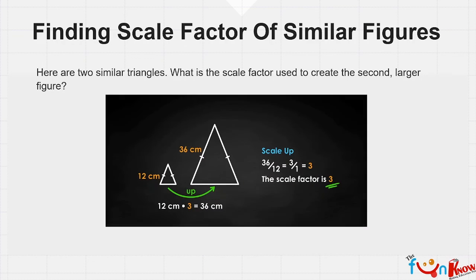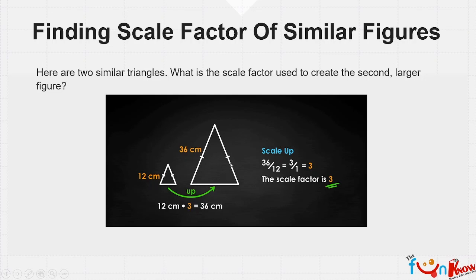Next, find the scale factor of similar figures. Students, here there are similar figures and you have to find the scale factor. See the question over here. Two similar triangles are there. What is the scale factor used to create the second, larger figure? Here we can see there are two triangles, this is one and this is another.